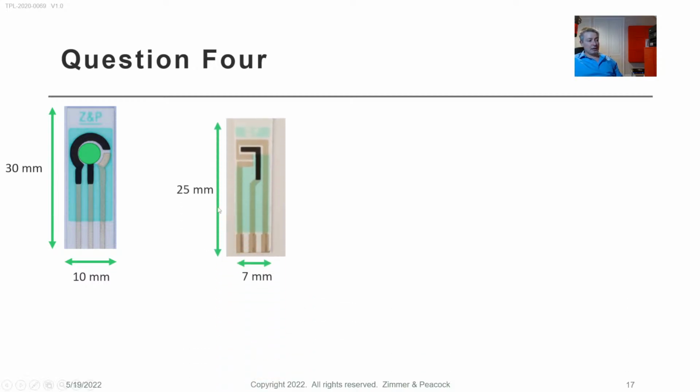So at Zimmer and Peacock, I much prefer people to use our hypervalue carbon electrode. It's smaller, which gives us lower cost of manufacture per piece. It's exactly the same connectors here. So here you have 3 connectors. They're 2.54 millimeters separated, and you've got exactly the same thing here, 2.54 millimeters.